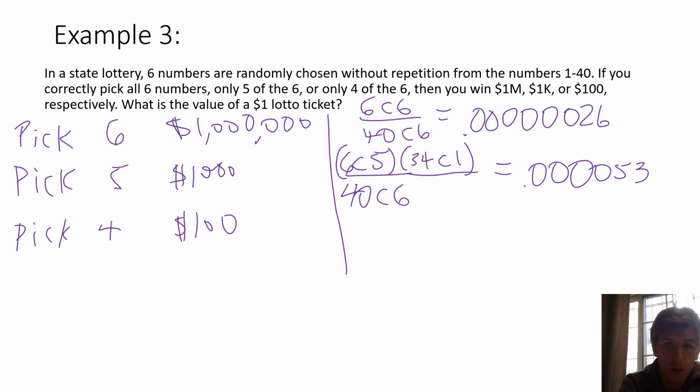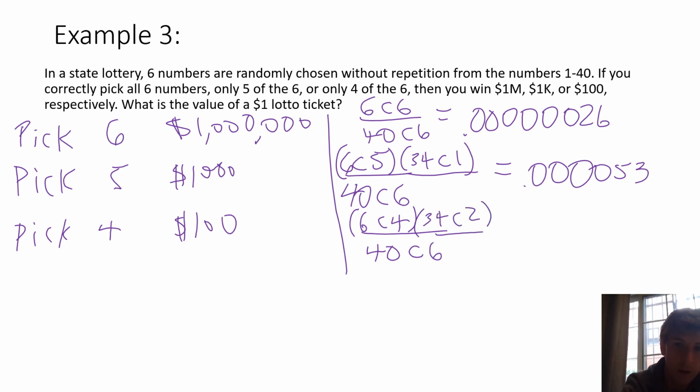And for the last one, well, once again, probably not going to happen. I'll take $100. So following the same pattern here for the probability, denominator still 40 choose 6. Now of the 6 numbers, we want to choose 4. And then we can choose any of the remaining 34. And I get 0.0022.